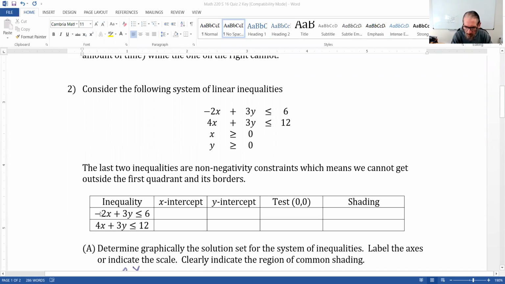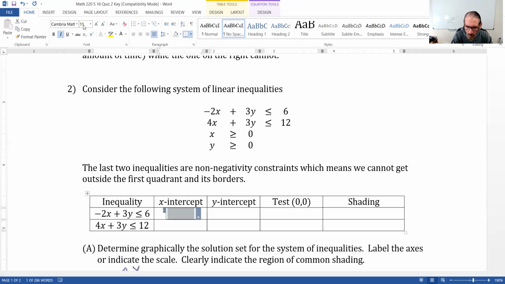because the numbers are nice, -2 goes into 6, and so does 3 without any remainder. Same with 4 and 3 going into 12. I'm using the intercepts method to do the graphing. So if we put in 0 for y, 3 times 0 is 0.